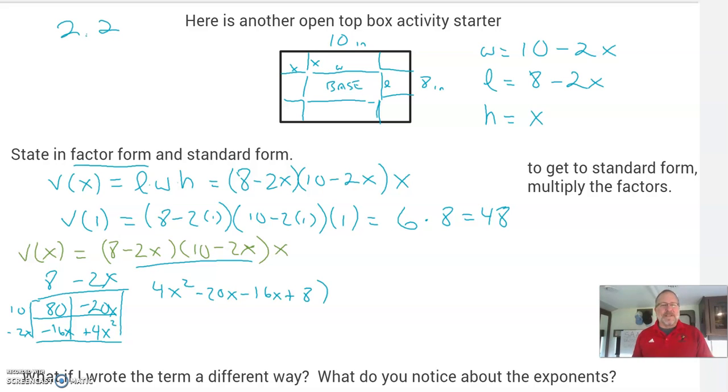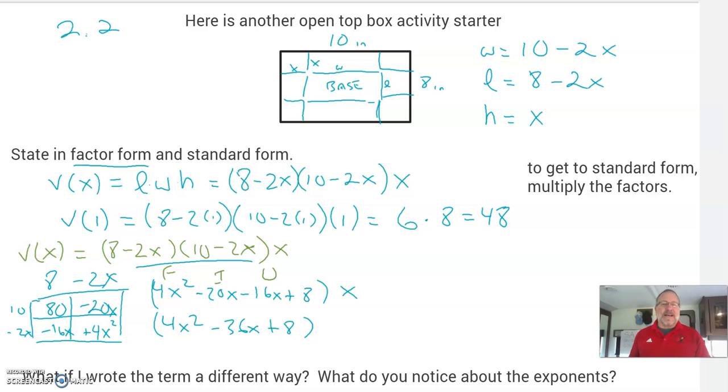Now remember, we still have the multiplier of x on the outside, which I will distribute. So this is 4x squared, collecting, negative 36x plus 80. I'm going to just pause here for a second to let you know that this is the same answer that I would have got from foiling. This is first. This is outside.